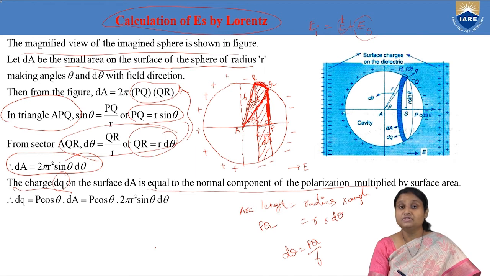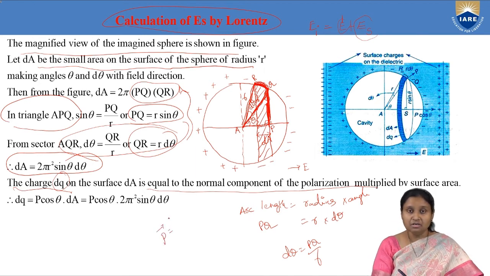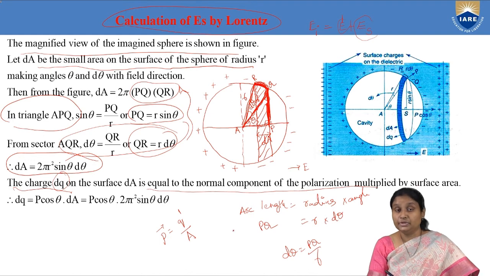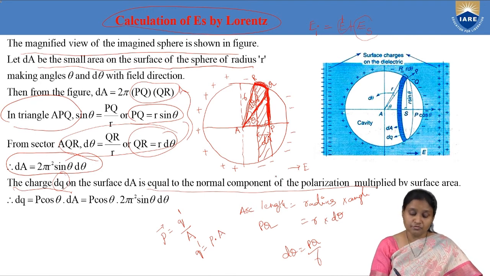The first definition we have taken is induced charges per unit surface area developed. So from this, what will be your induced charges? Induced charges will be polarization into surface area. Now in this case, I am taking the normal component of polarization. What do you mean by normal component? P cos theta into A.